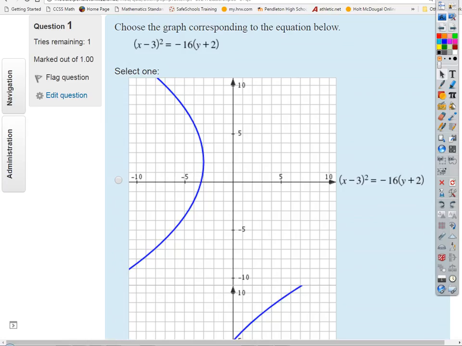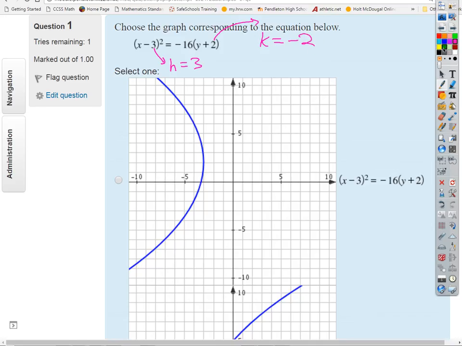Okay, so then tell me, by just inspecting this and comparing it to our standard form, what's the value of h? H is 3, isn't it, right? Because that's what's being subtracted from x. What's k? -2, good.